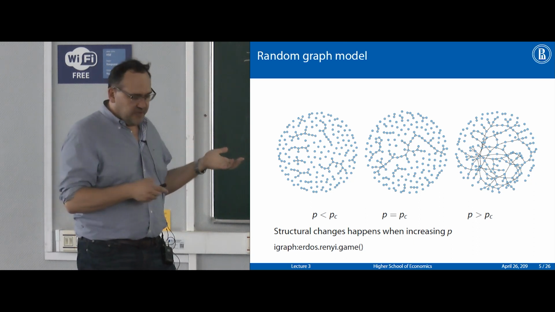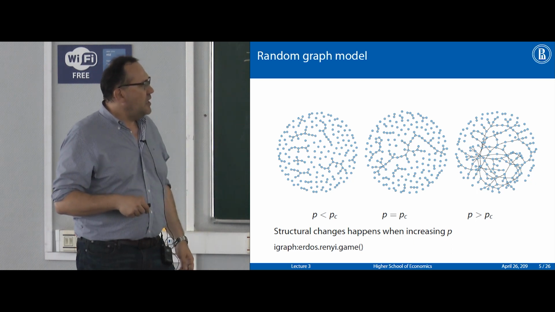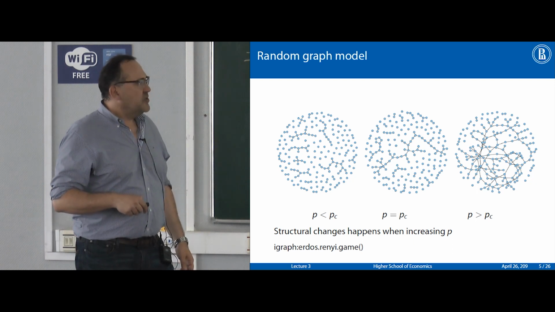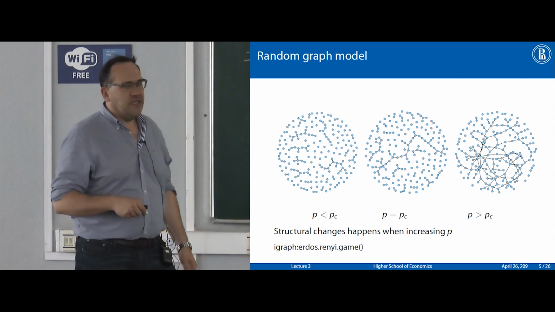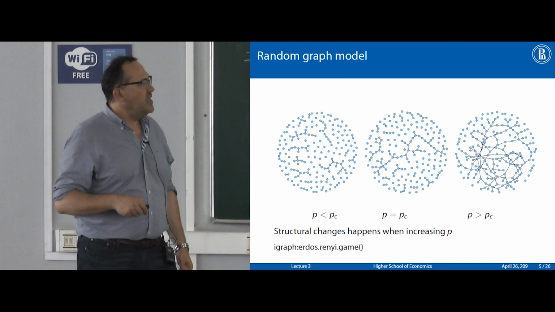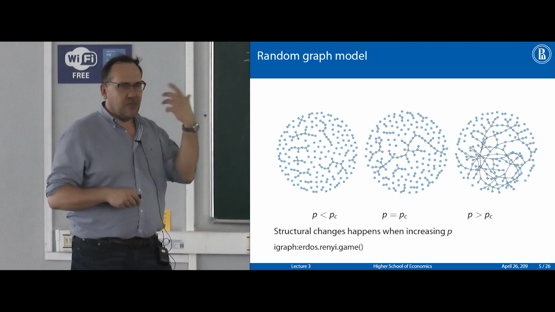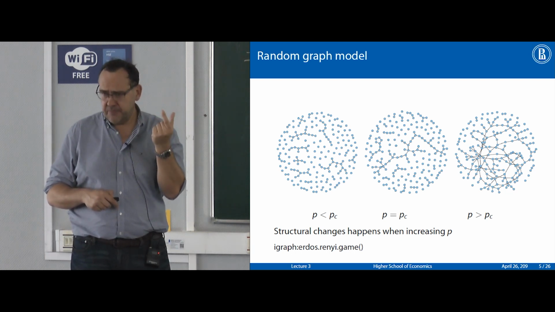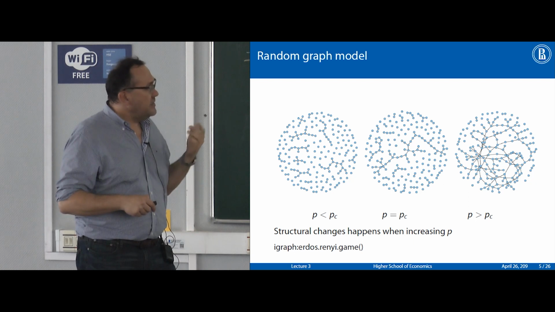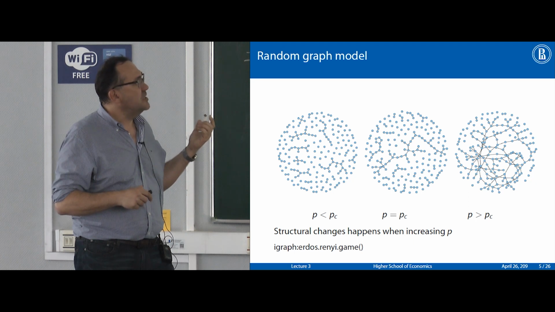Now, the way to observe it is very easy. Within R, there is a function, erdos.renyi.game, whatever. It's a generator. And as parameters, you can put the number of nodes and the probability that 2 nodes are connected, right? And then you can count the size of the largest component.